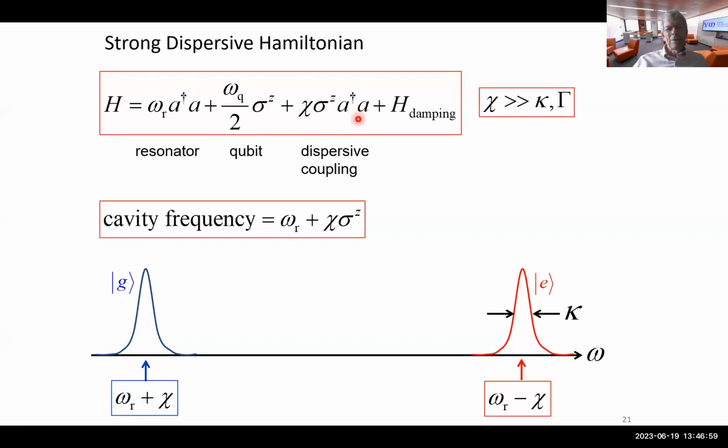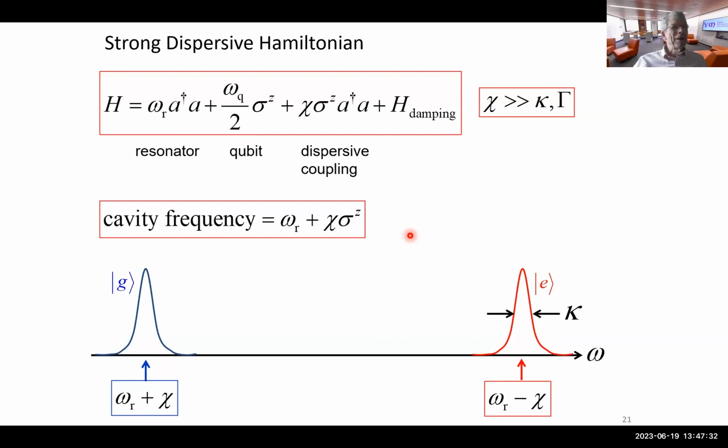And we can say, oh, look, the coefficient of a dagger a, what is that? Well, that's the frequency of the resonator. It now has a term that depends on the state of the qubit, whether it's ground or excited. So the cavity frequency can take on two different values depending on the state of the qubit. And if the qubit is in a superposition, the cavity is in a superposition of having two different resonance frequencies.